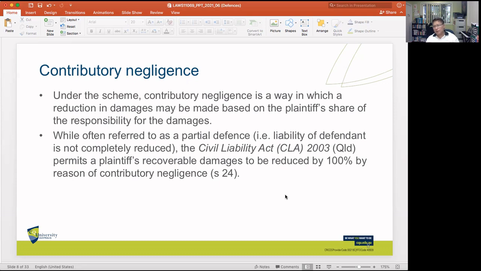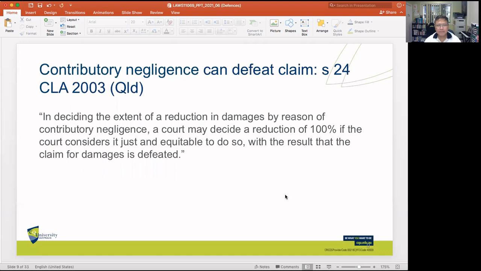But in those situations where it can be shown that it was really the negligent action or omission of the plaintiff that was substantially the cause of the harm, then it is possible that the recoverable damages would be reduced by 100%, or nothing, as a result of contributory negligence.